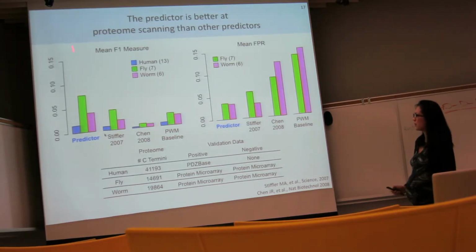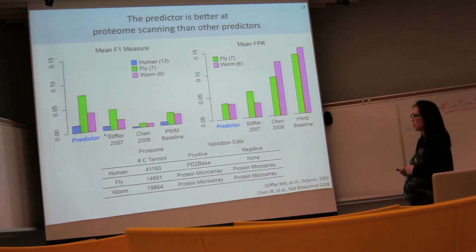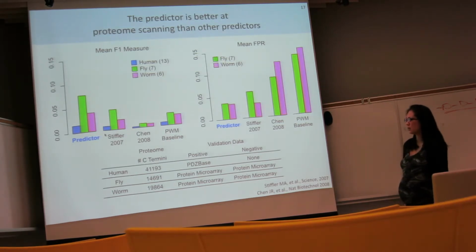We compared the F1 measure, which is a single score composed of precision and recall, and we found that the predictor has a higher F1 measure for different organisms compared to the other predictors that we tested. As well, the false positive rate is also lower compared to these other predictors. So compared to other predictors that are available, our sequence-based predictor is better at the application of proteome scanning.